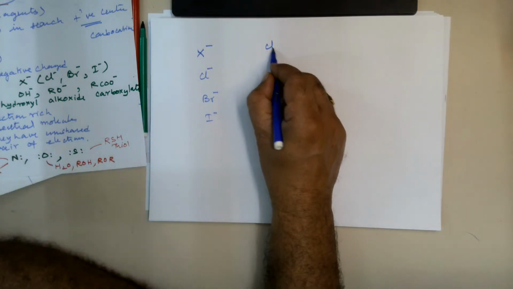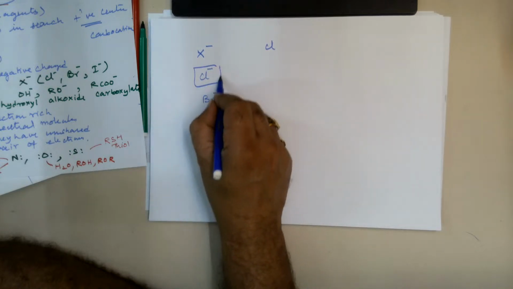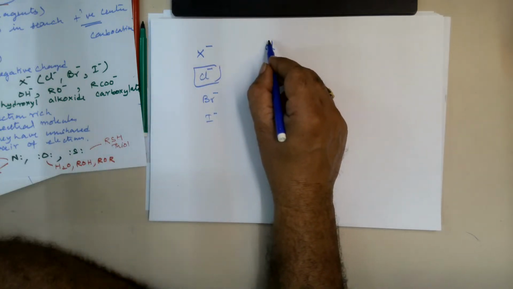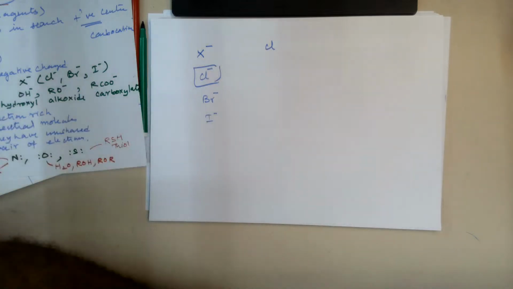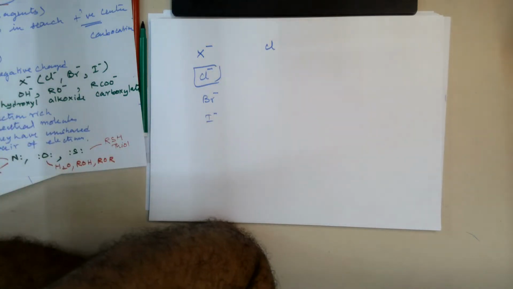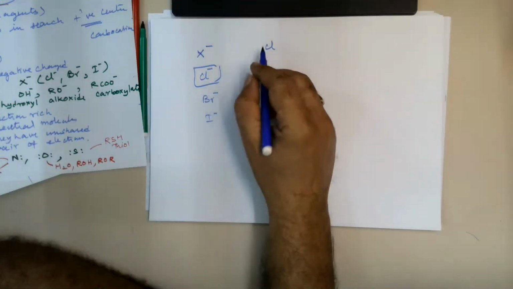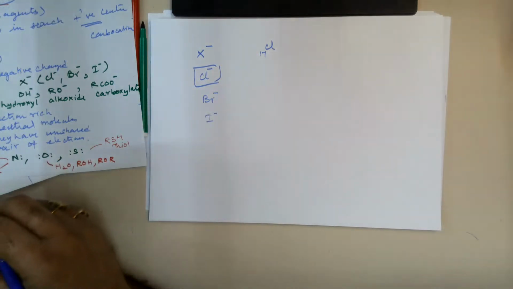Let me explain at least about chlorine. What is the atomic mass of chlorine? Anyone? 35, that is atomic mass. Atomic number is 17.